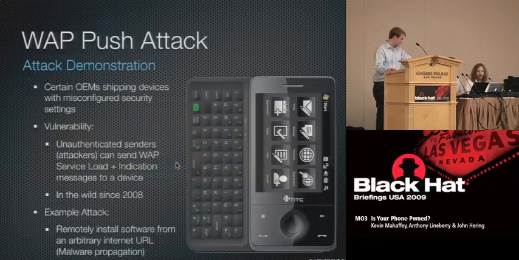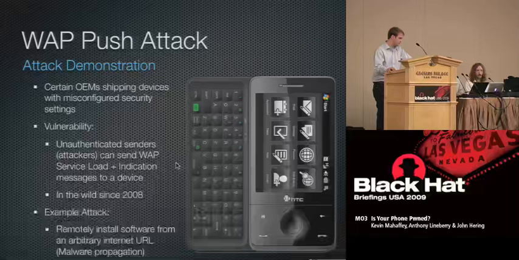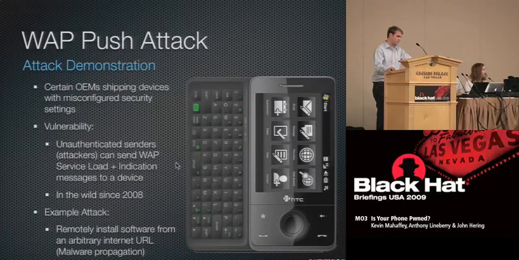This is an attack we unfortunately can't demo right now, but it's been in the wild since 2008. There are a whole bunch of OEMs that have shipped with misconfigured security policies, specifically in Windows Mobile. We've seen this on Samsung, HTC, Pantech, Motorola, you name it. It's interesting that they all had the exact same misconfiguration, and I have no idea how that could be so prevalent.